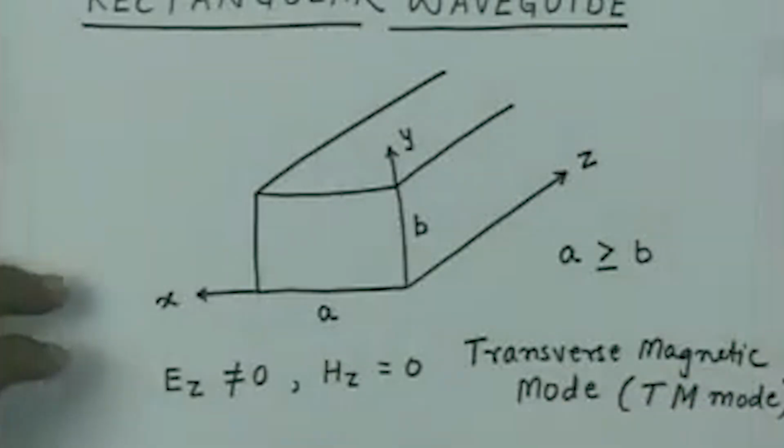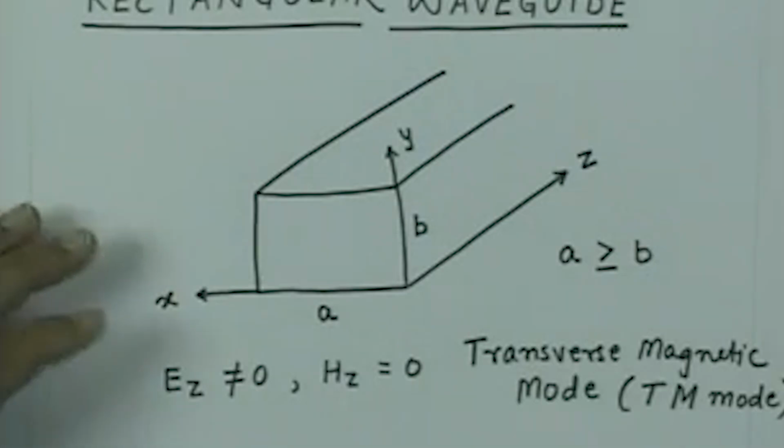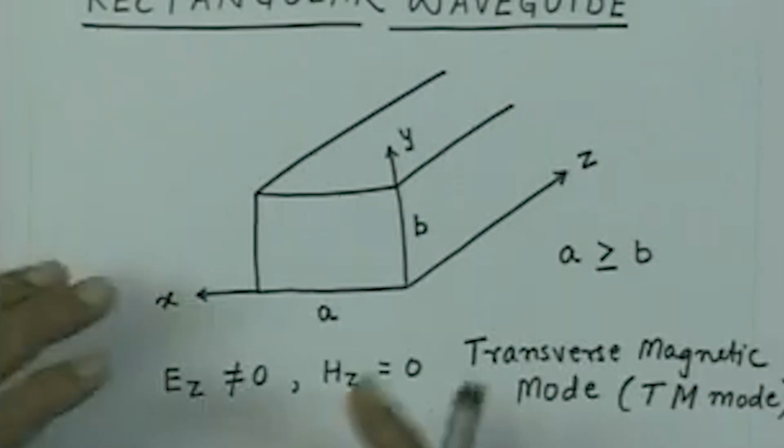So, the problem has to be solved in two steps. One is first finding the solution for this longitudinal component Ez, then finding the transverse components, and then applying the boundary condition, finding the proper solution to this structure which is the rectangular waveguide.